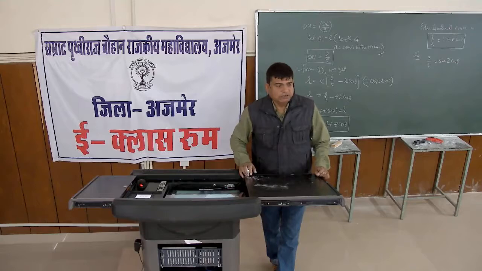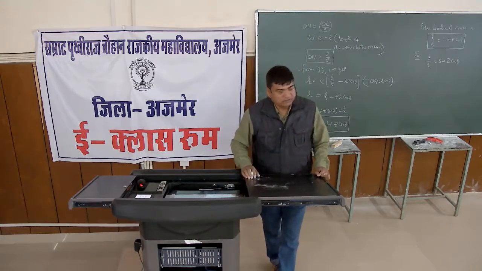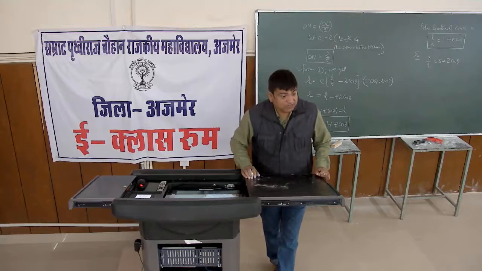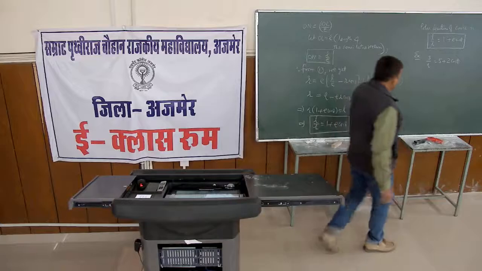What is the name of this conic? What is E? Hyperbola. What is E? 2 by 5. Very good. What is the standard equation? The right hand side is 1 plus E cos theta. Be careful, this is not 1.